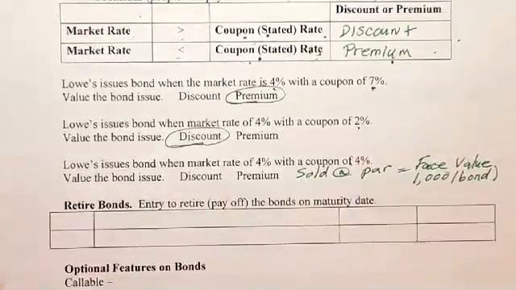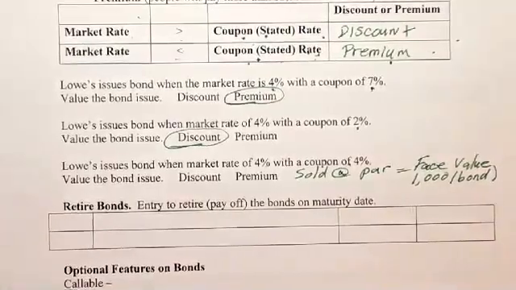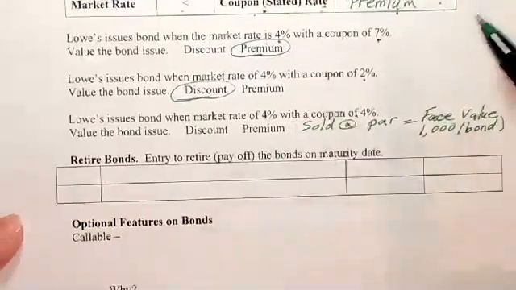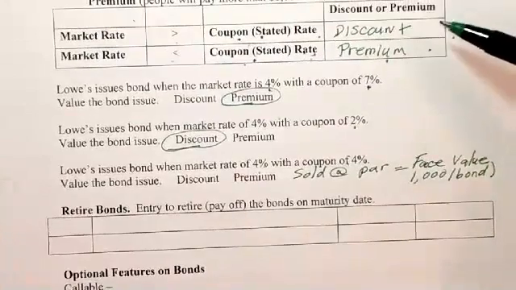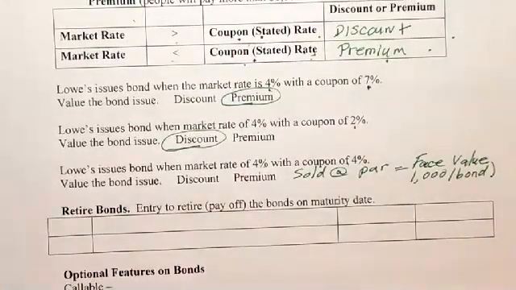Last little thing I didn't do in the videos is talk about retiring bonds. If we have a discount or a premium over the period, when we make our journal entries, we keep writing up the bond carrying value or writing it down. So when we're done, the discount or premium account is zeroed out.